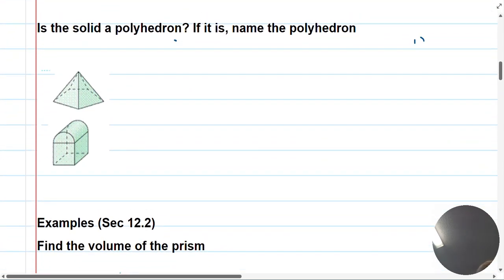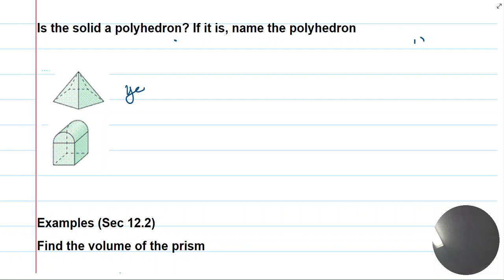Now we're talking about a polyhedron as a definition. Polyhedrons have faces, vertices, and edges. So, is the first one a polyhedron? Yes. In fact, it asks us to name it. So this is a what? Pyramid, right? And is this one?